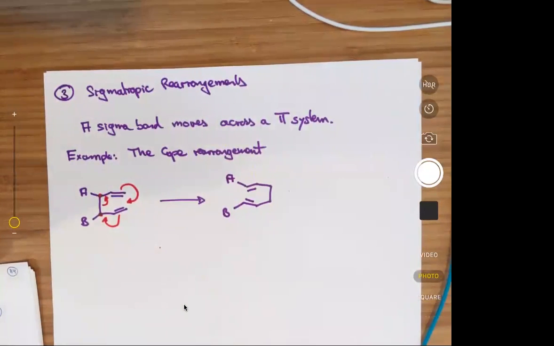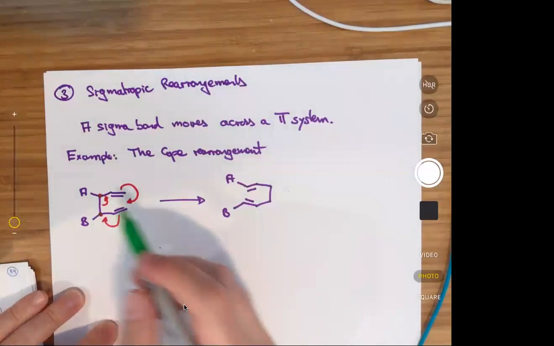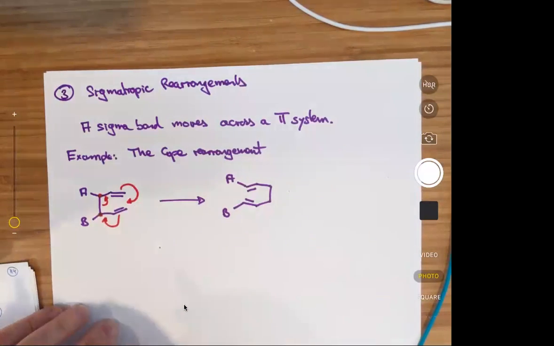And the way we usually do the nomenclature in these is that we count the positions of atoms that the sigma bond moves across the pi system. To make this a little easier, there's a trick we usually use. We number the carbon atoms from the sigma bond that moves to the other end of the pi system.